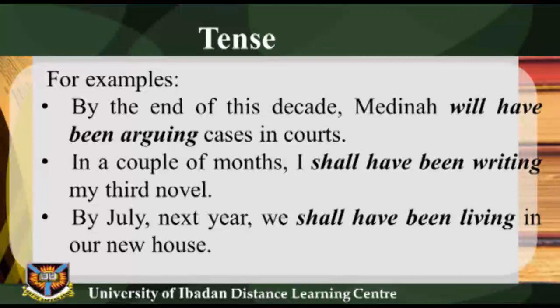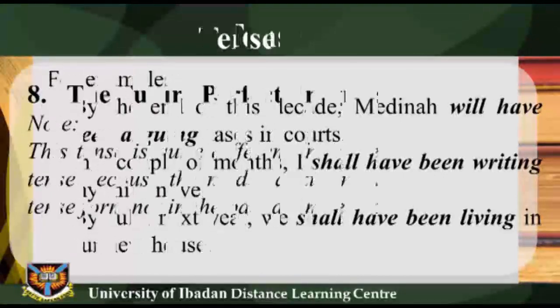B. In a couple of months, I shall have been writing my 3rd novel. C. By July next year, we shall have been living in our new house. D. He will have been studying English for 10 years by December this year.